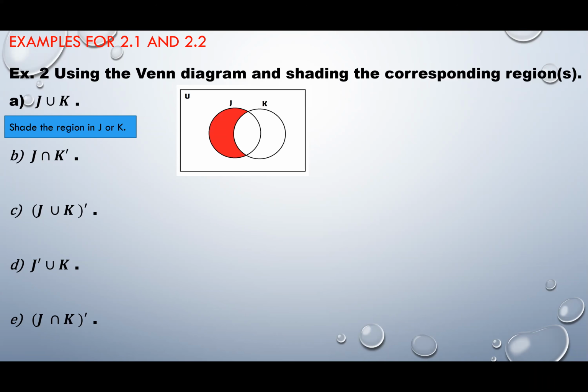Do you agree that this is in J? Do you agree that this is in K? But also, it doesn't matter if it's in both J and K, as long as it's in K or as long as it's in J, this is what I have.